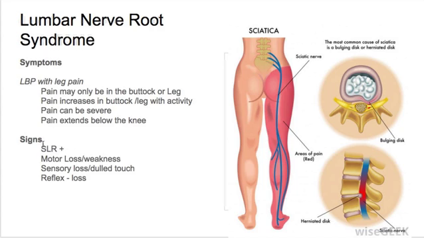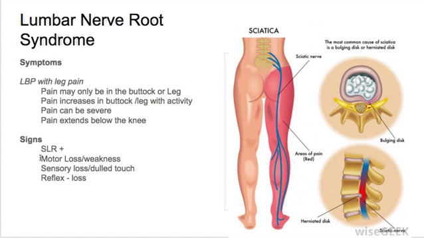The signs that we would see are a positive straight leg raise. When the person's lying on their back with the knee extended and we raise the leg up, the sciatic nerve on the posterior aspect of the leg is getting stretched. The stretch in the sciatic nerve causes increased pain, which is an indication that the nerve itself is inflamed or the root is giving rise to pain.